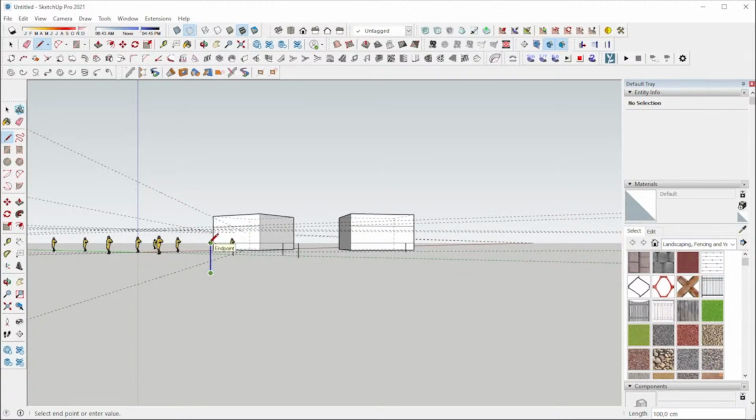So if the height of your eye is 150 centimeters, and you have something with the same height, that top point will be in front of your eyes and you can see above it or below it.